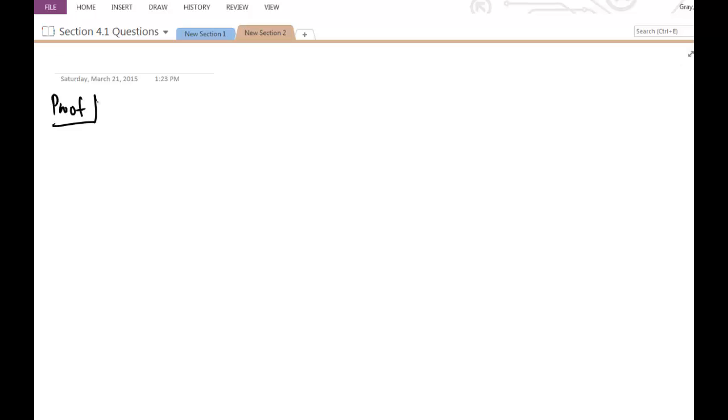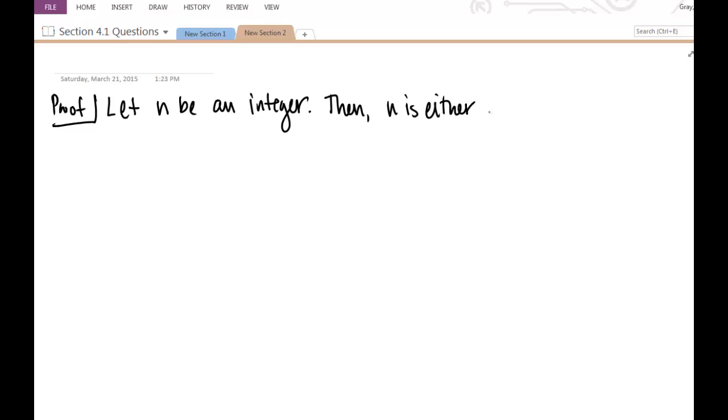Declare that my sketch is over. Now I'm starting a proof. This is what I want you to read, okay? So we're going to let n be an integer. Then n is either even or odd.